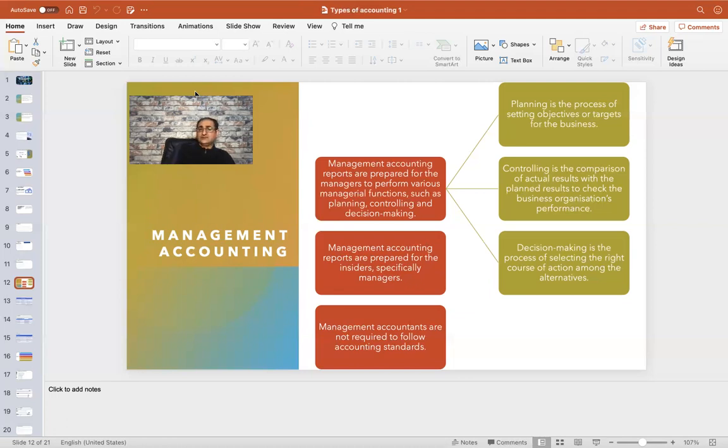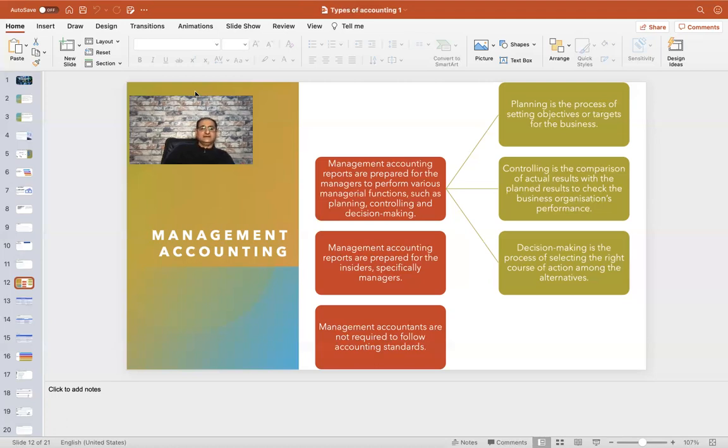So what is controlling? Control means the comparison of the budgeted amounts with the actual amounts, or the budgeted result and actual result. Their comparison is known as controlling. Okay, so before the start of the year, the targets are set. And what is the target?